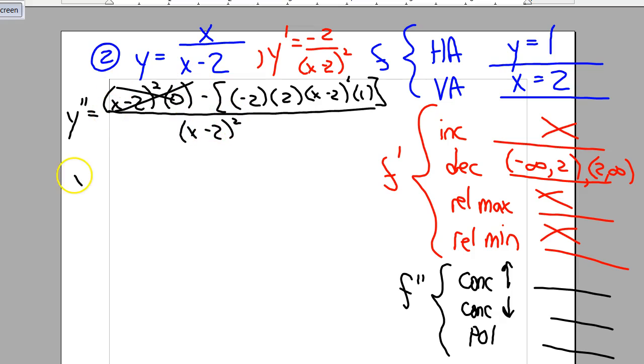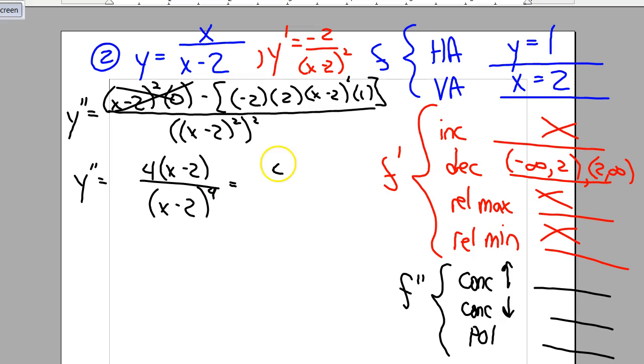So that goes away. And you get 4 times x minus 2. Oops, this should have been squared. Over x minus 2 to the 4th. And you're totally welcome to leave it like that and plug it in there. For some of you, it might have been easier to say that's just 4 over x minus 2 to the 3rd. You can cross off one of those. You don't have to. And you can plug it in, so whatever works for you.